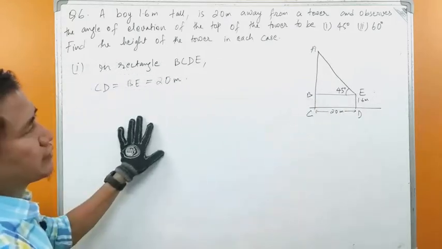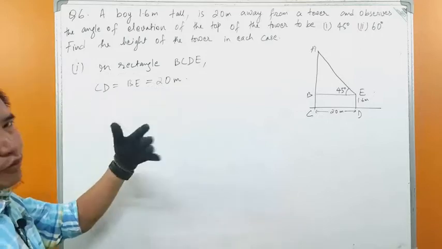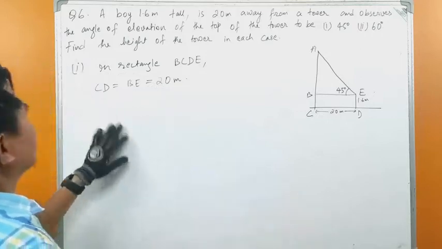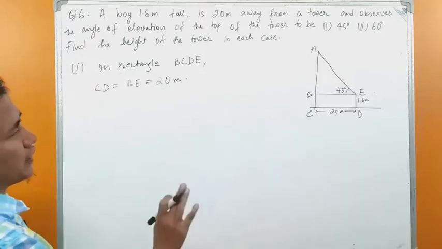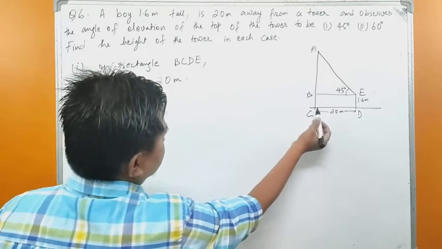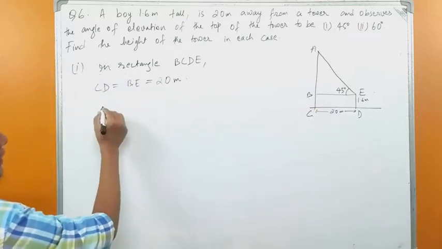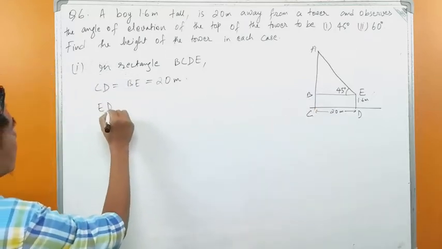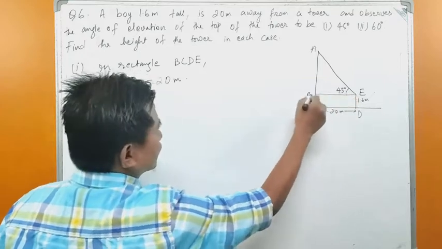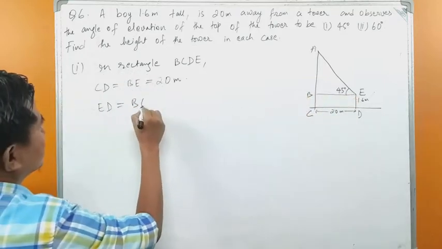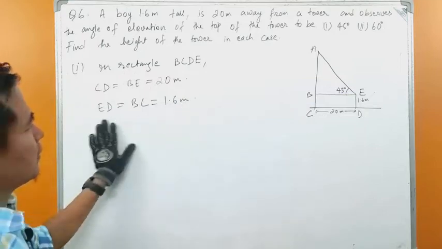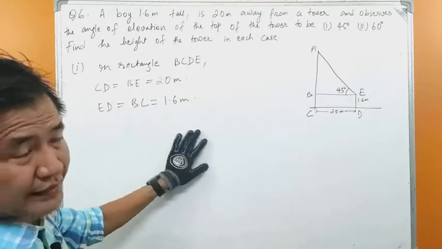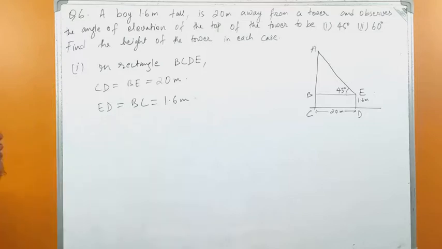We don't need this right now, but let us write it. ED equals BC, and BC equals 1.6 meter. Right now we don't need it, we'll need it later on, so I wrote this.